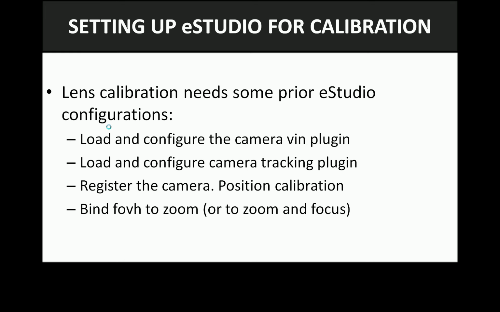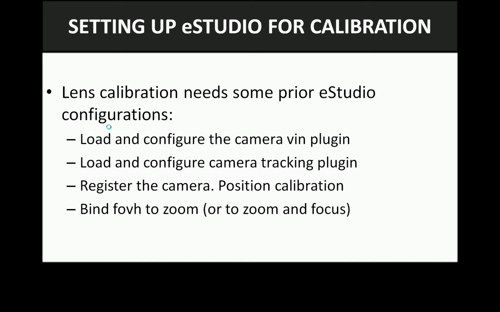Well, now we need to set up the eStudio before we start lens calibration. What steps do we have to perform before we start? Well, first we need to load and configure the camera V-in plugin. We also need to configure the camera tracking plugin.